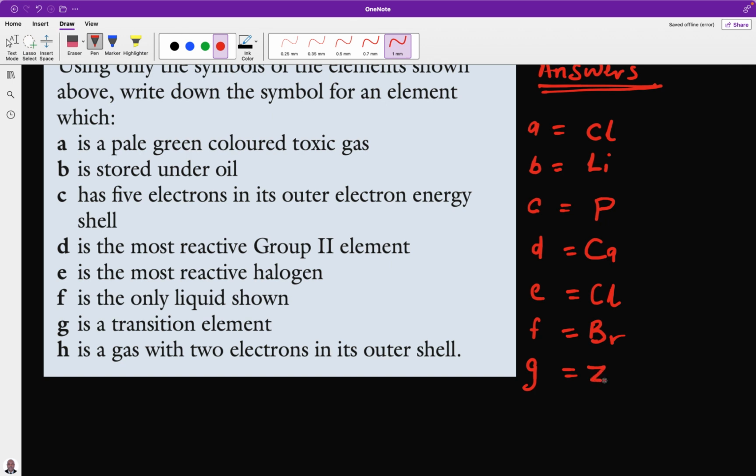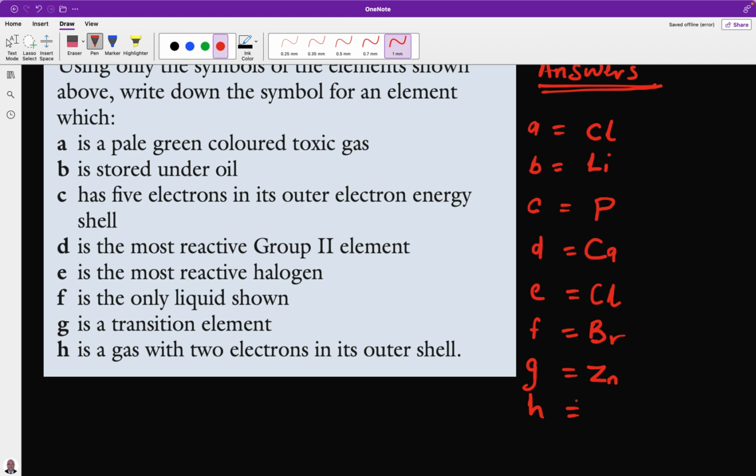And finally H. Write down the symbol of an element which is a gas with 2 electrons in its outer shell.